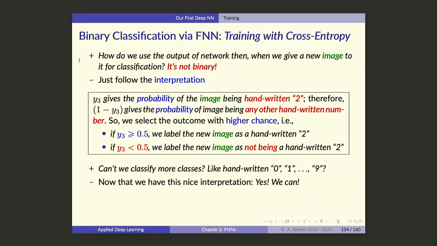Now, one question from my side. We had this nice story, but in practice, it's not a very sophisticated test to just get an image and say whether it is handwritten 2 or not. What if I have all possible one-digit integers, 0, 1 till 9, and I want a classification on that, like the true MNIST data set?